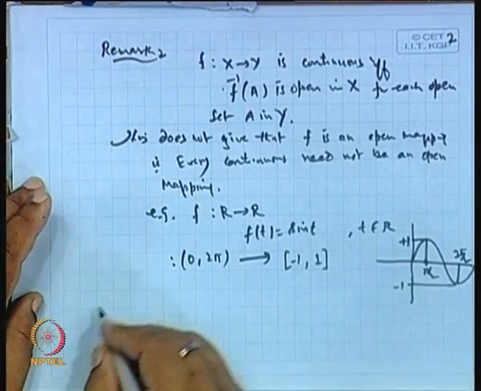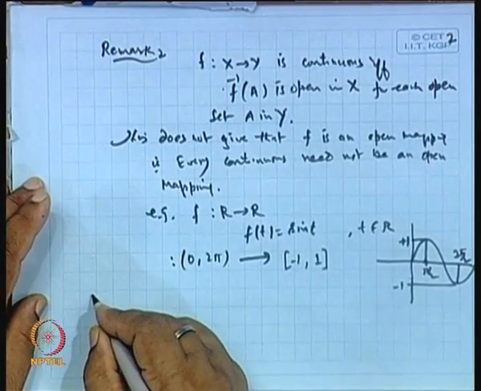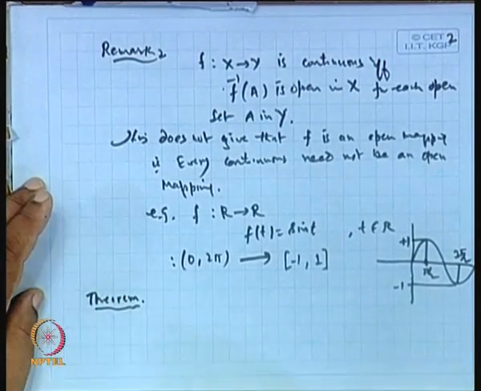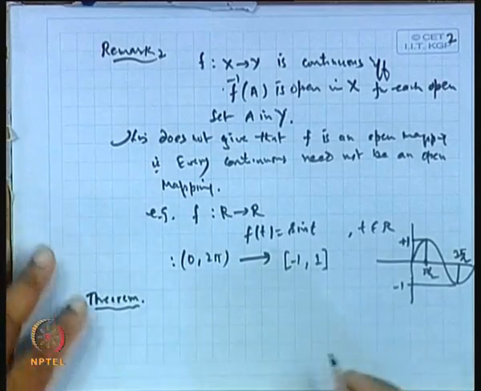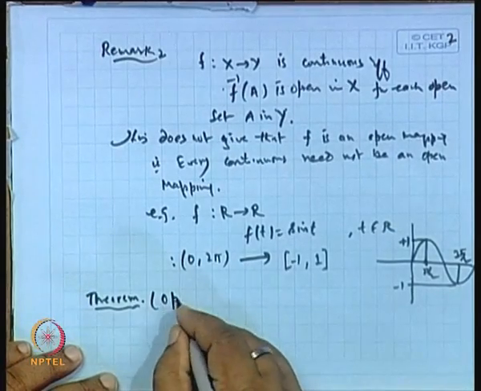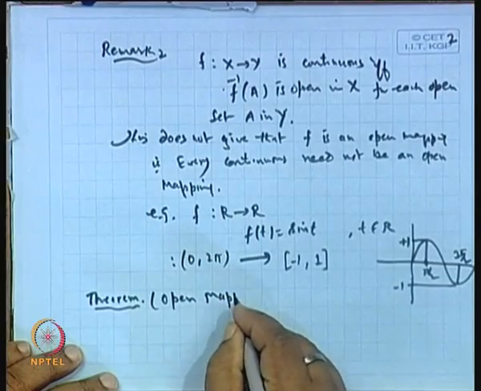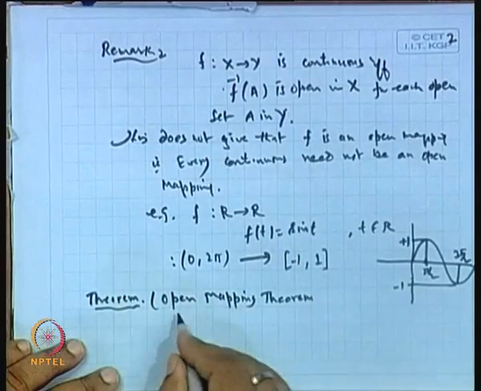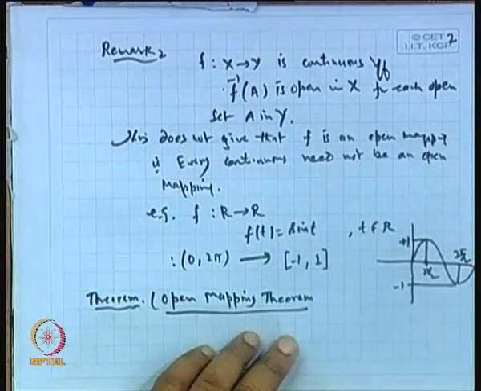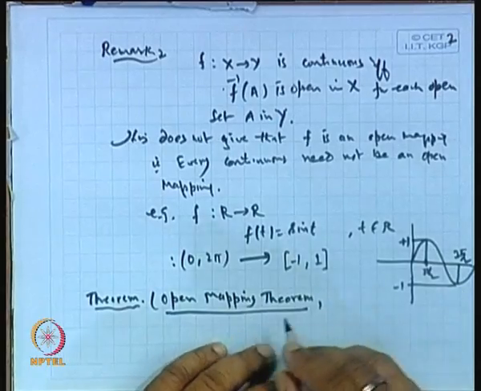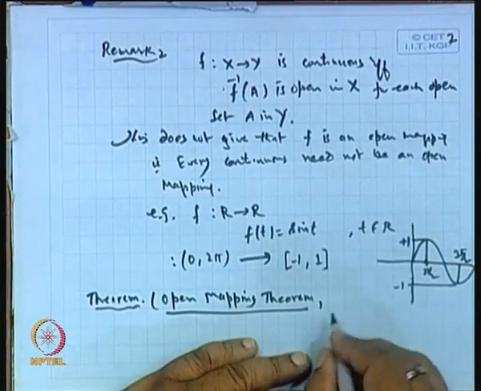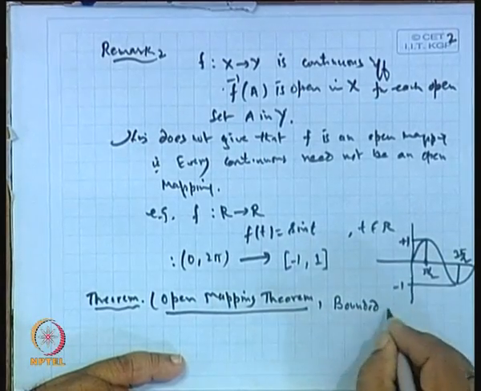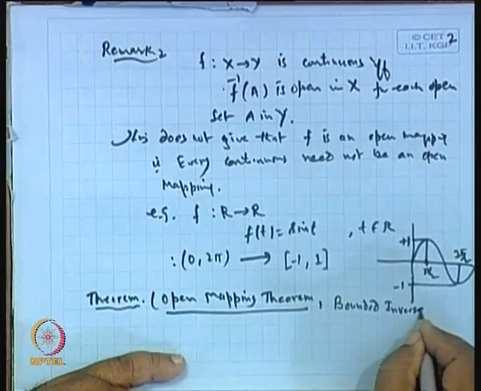So, let us see the theorem now. This theorem is known as the open mapping theorem. Now, as a consequence, or when we add some extra condition, we get another theorem, which is known as the bounded inverse theorem.